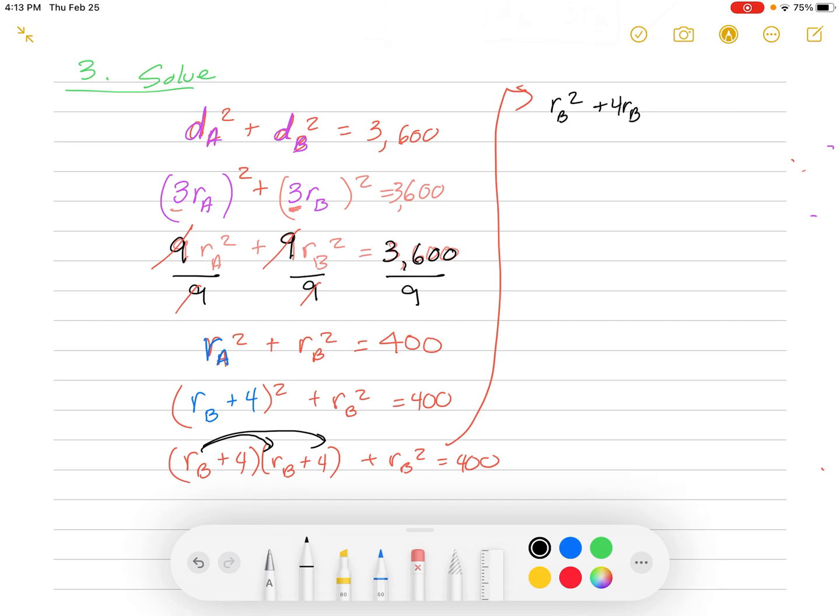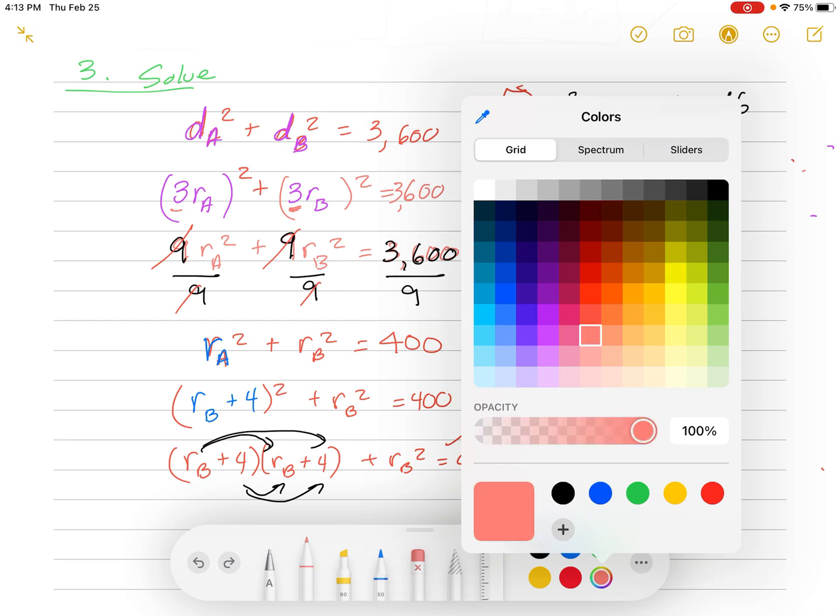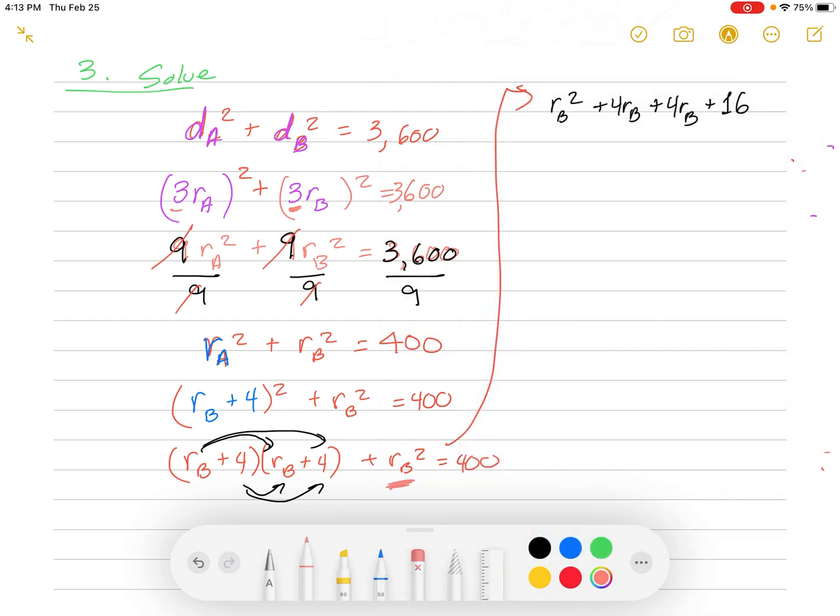RB times 4 is 4RB. 4 times RB is positive 4RB. And 4 times 4 is 16. We don't want to forget the plus RB squared. We still have a plus RB squared. That's equal to 400.